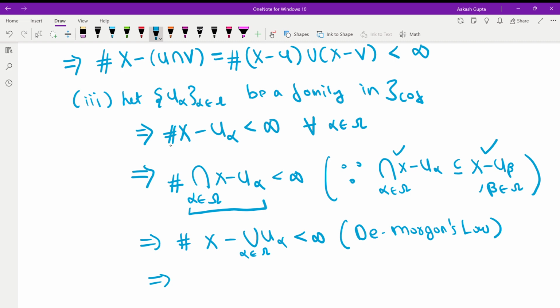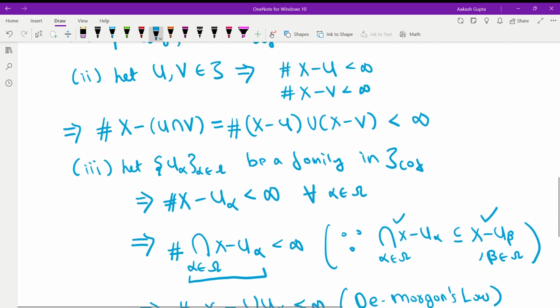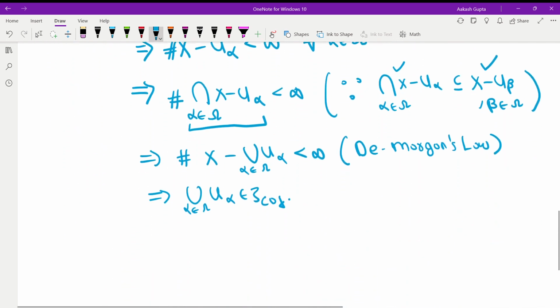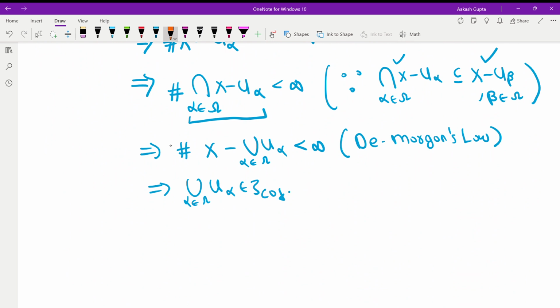So this implies the union over alpha in omega of U alpha is in tau COF. Very nice. So, if you observe what we have done here, we have shown that this collection will be a topology.